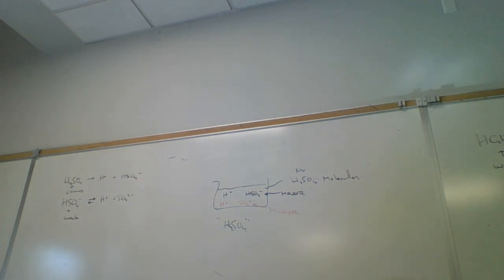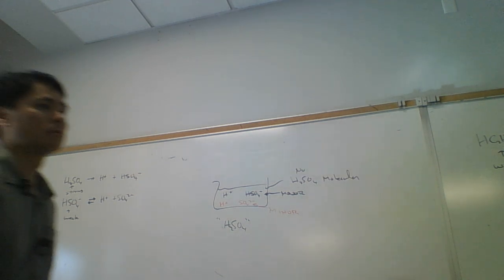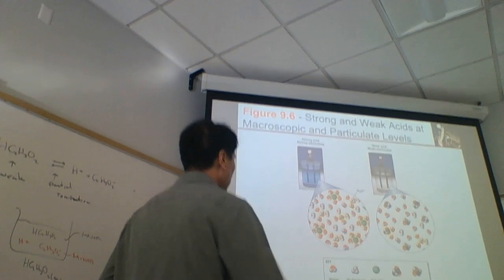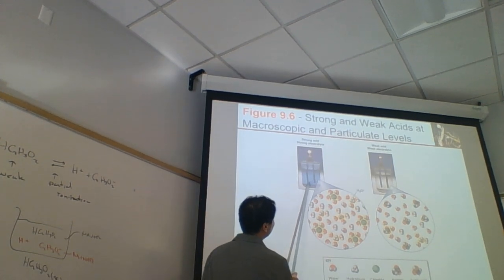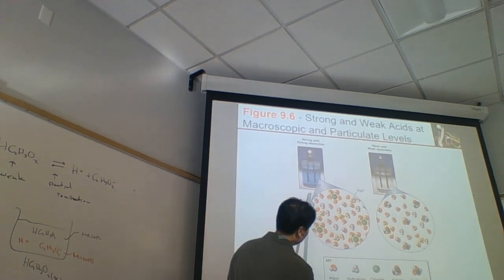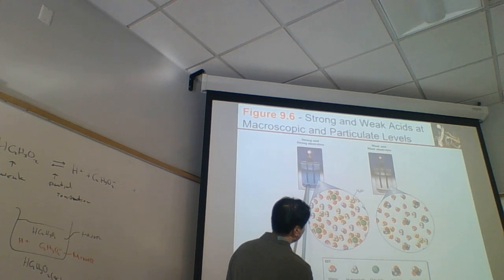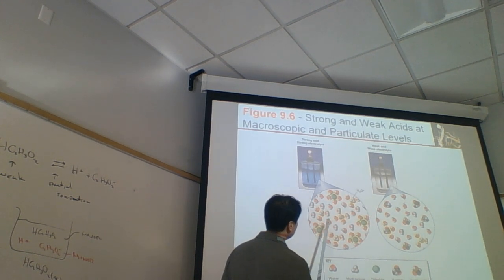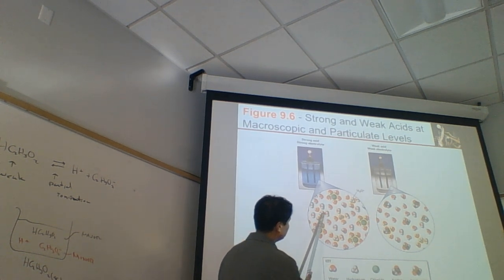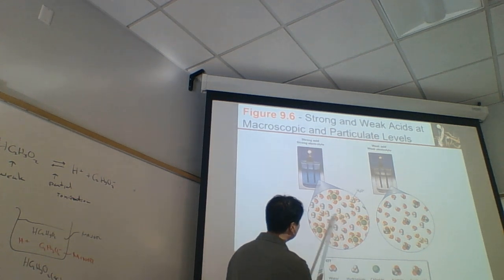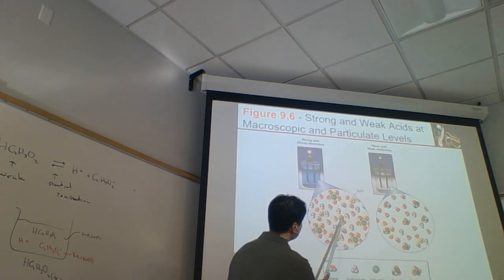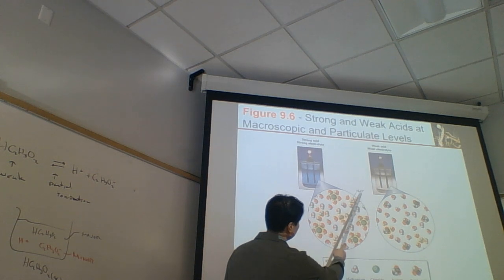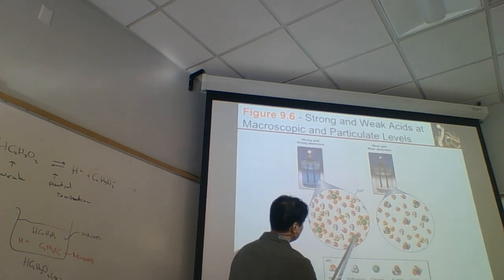Next slide. Over here we have hydrochloric acid. I don't know why it's blue, but it's hydrochloric acid. You see hydronium ions here, H3O plus, and you see chloride ions here.